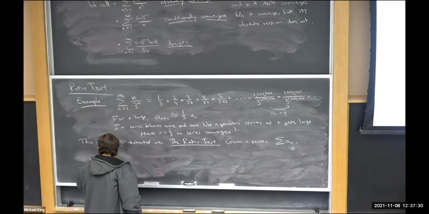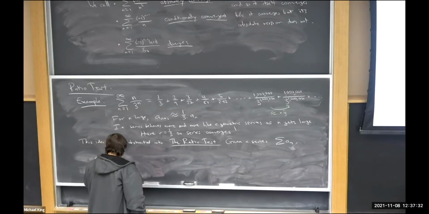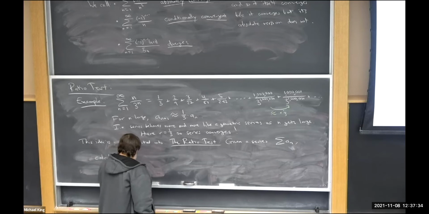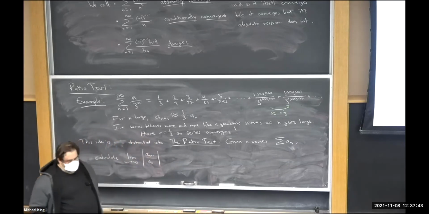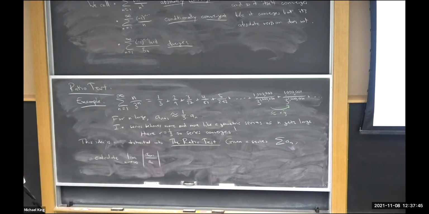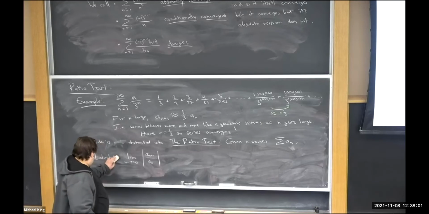Calculate, given a series like this, the limit of the n plus first term over the nth term. And actually do absolute values on it, because if it turns out to be chaotic or alternating or something, you were basically considering the absolute version of the series in some ways. And I think they call it L. So calculate L.